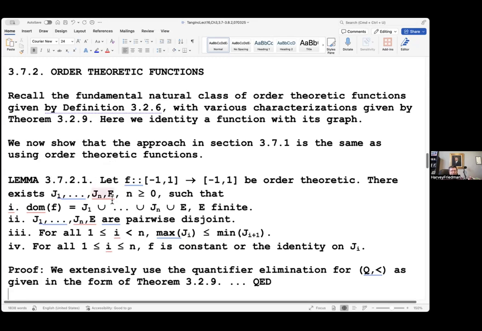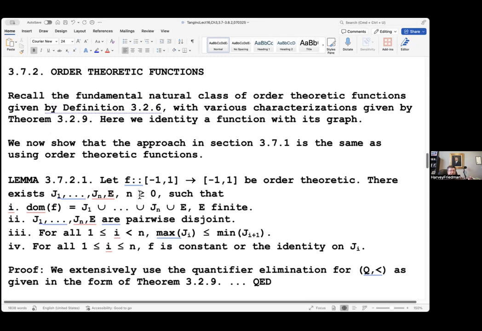It's part of core mathematics, yes, but I defined it in this section, chapter 3, with various characterizations given by theorem 3.29. In other words, I characterize the order theoretic functions in many ways. Here we identify a function with its graph. We now show that the approach in section 3.7.1 is the same as using order theoretic functions. There's an equivalence there. So let F be order theoretic.